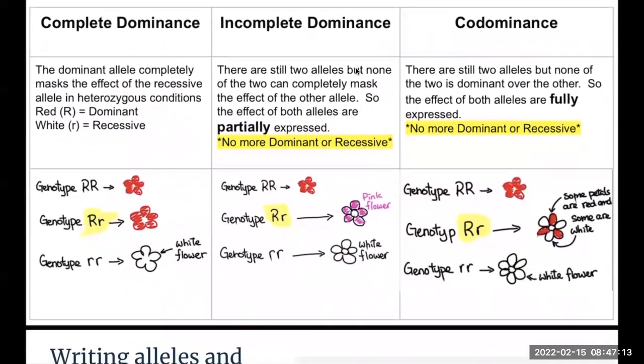So if we have a look at the complete, incomplete, and codominance patterns, you'd notice the major difference actually lies in the heterozygous genotype, where you have the two different alleles. Now, if you have a red and a white allele in complete dominance, you'll get red if the red is dominant.